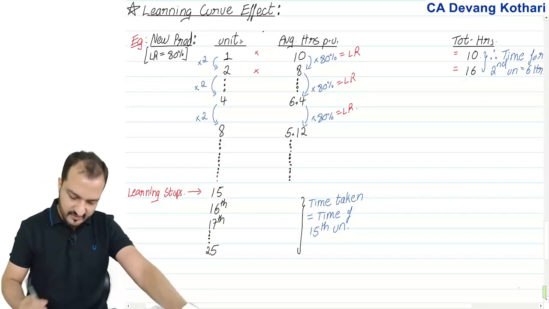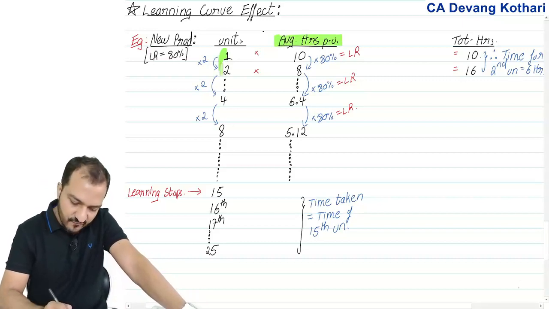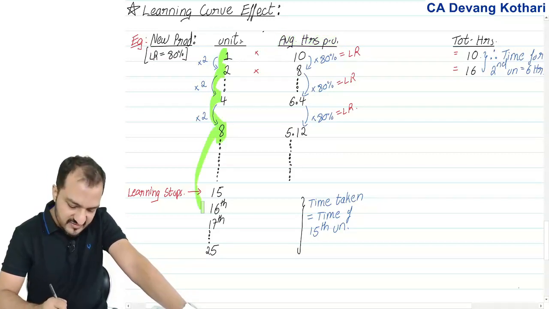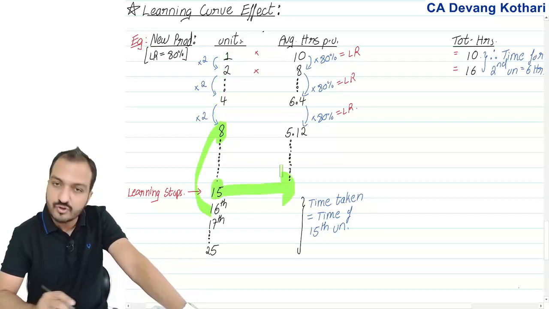Now, you might be wondering that we can identify average hours every time units become double. After 8 units, double is 16. But I want to identify the average hours of 15 units.